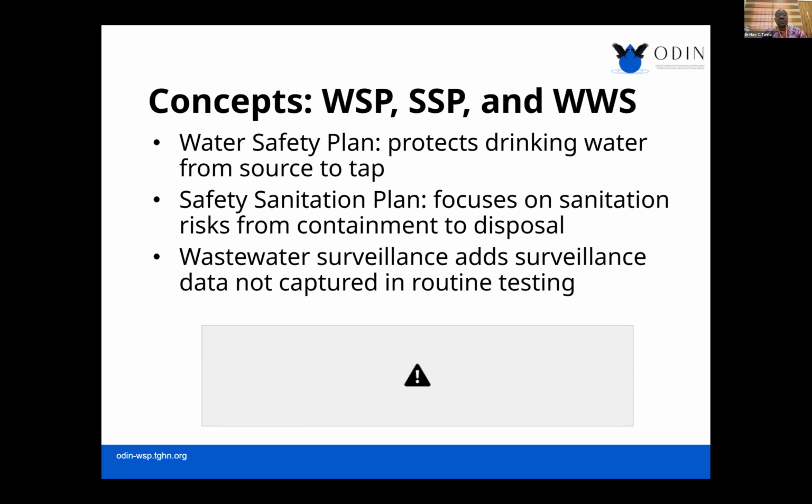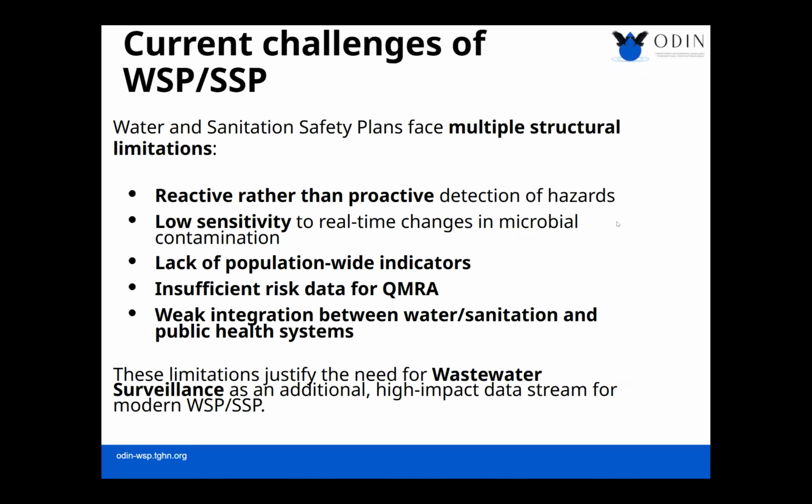Firstly, water safety plans refer to all things to protect drinking water from the source to the tap, while sanitation safety plans focus on the sanitation risk from containment to disposal. And wastewater brings additional layers, providing upstream biological information that routine water screening cannot capture.